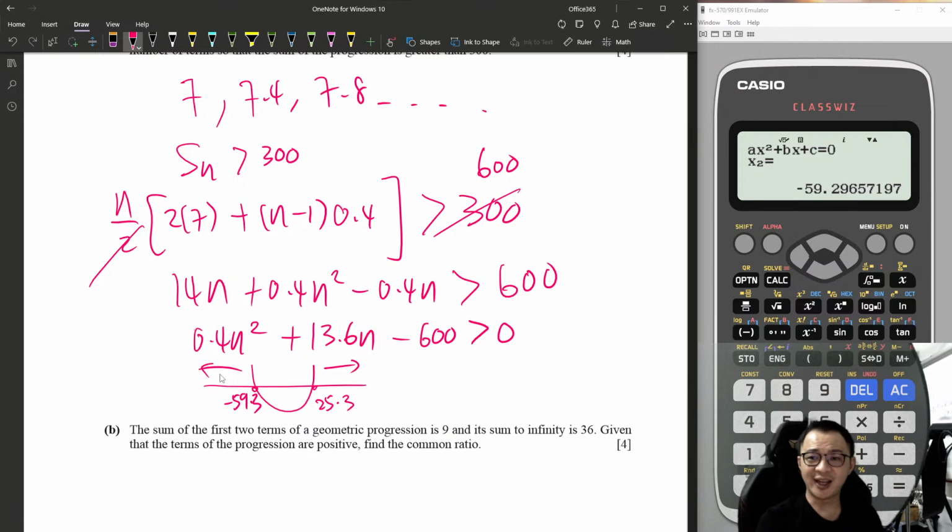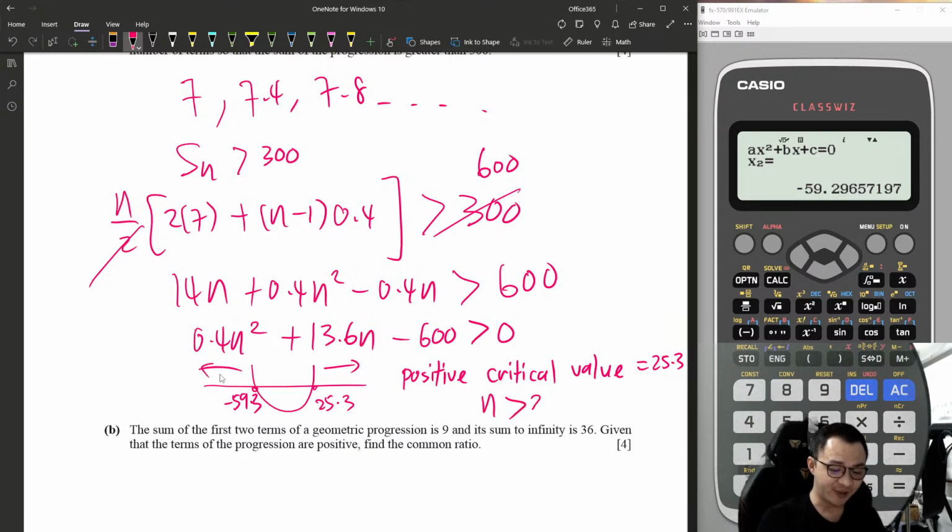In the exam you can say something like positive critical value. We only want to take the positive because n can only be positive. So it's 25.3, and our n must be bigger than this critical value. n must be an integer, so the least value we can get is 26, because any value bigger than 25.3 can be 26, 27, 28 and so on. The least value means the smallest one, which is 26.